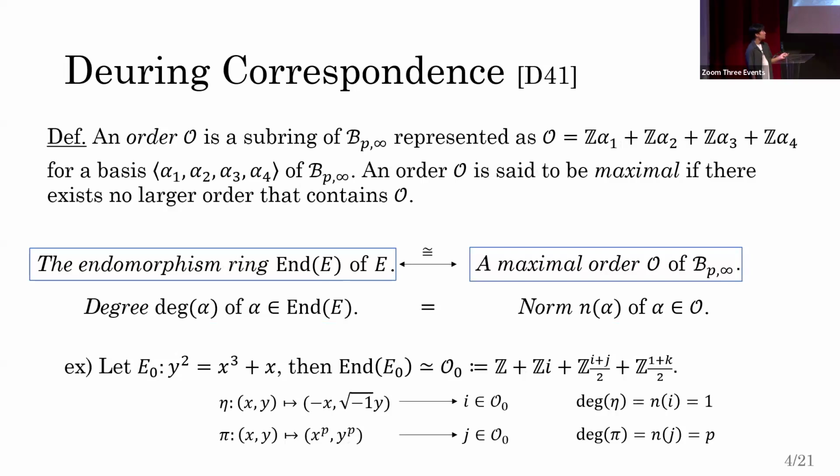In addition, an order O is said to be maximal if there is no larger order that contains O. Then the Deuring correspondence gives us the isomorphism between the endomorphism ring of the curve E and a maximal order O of the quaternion algebra. In addition, it is known that the degree of an endomorphism alpha is equal to the norm of the corresponding quaternion.